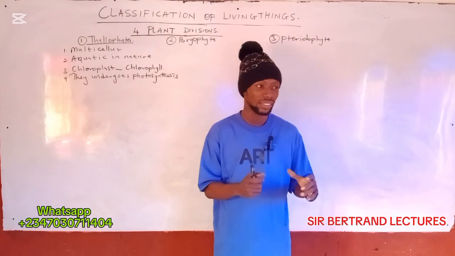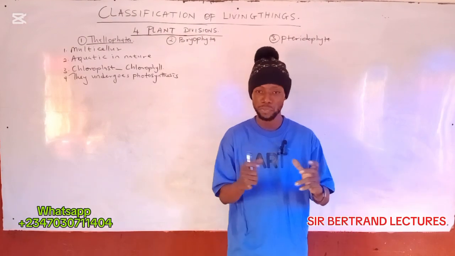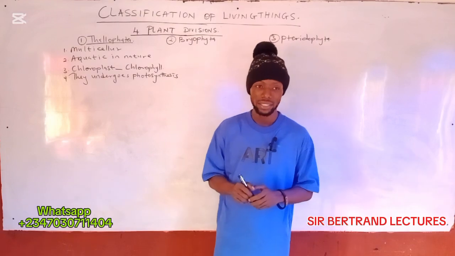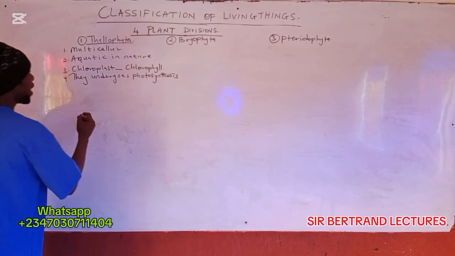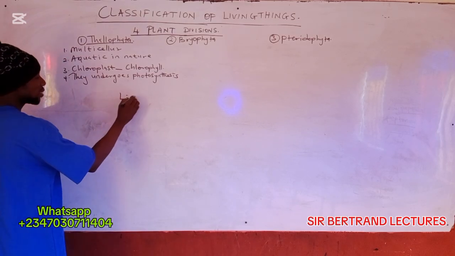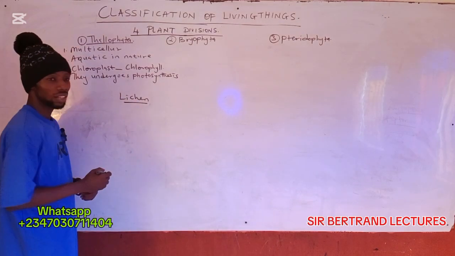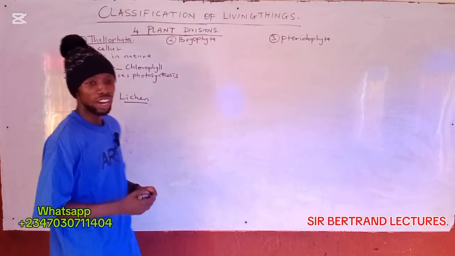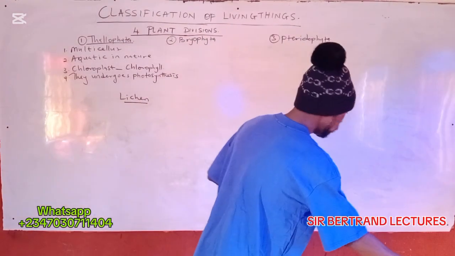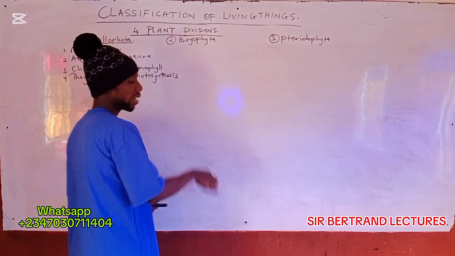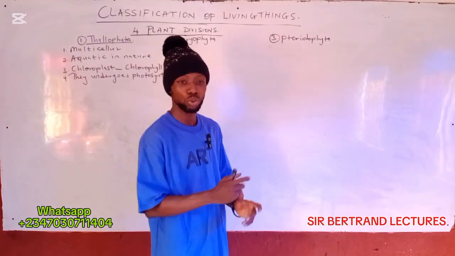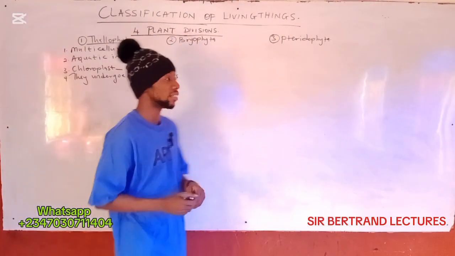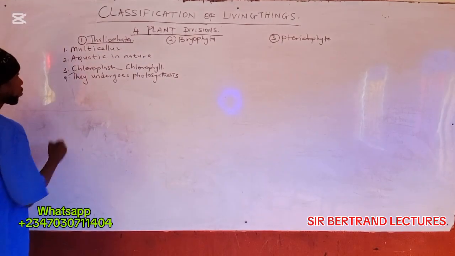The association of fungi and algae is known as lichen. We also have mycorrhiza, which is the association of fungi and root nodules of leguminous plants. These two are symbiotic relationships.